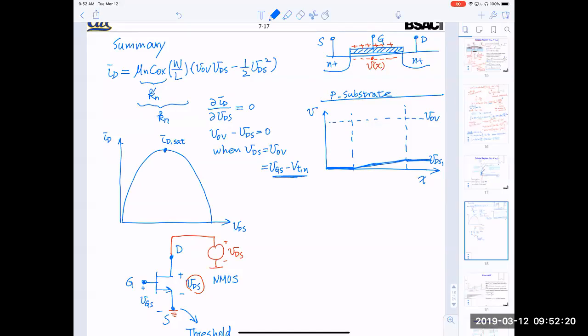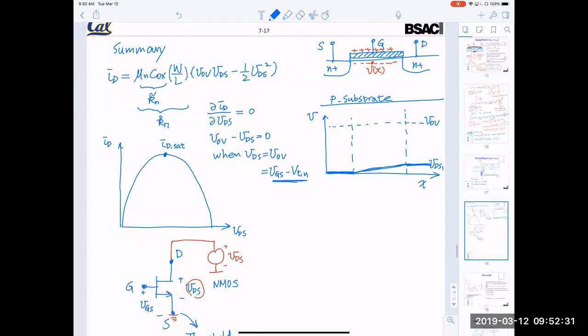For the sake of illustration, I'll simply draw a straight line, but you can explain it even though the actual potential deviates from a straight line. And this corresponds to the IV curve somewhere here. Let me draw a blue dot here at the low bias.